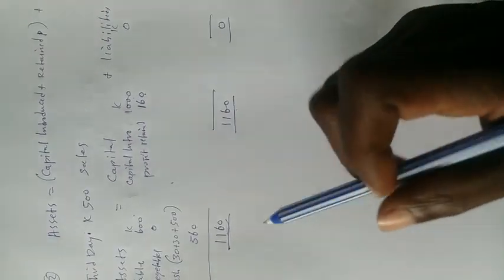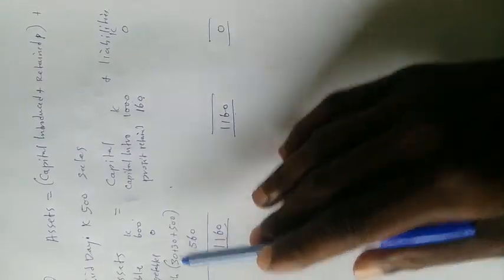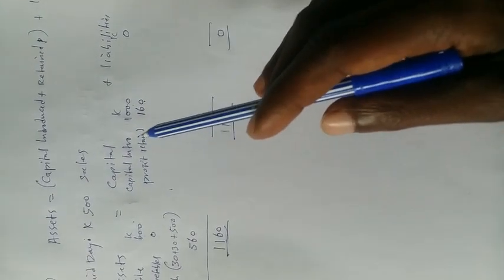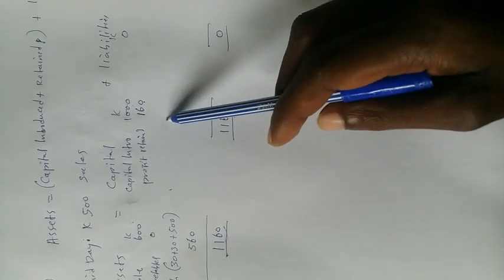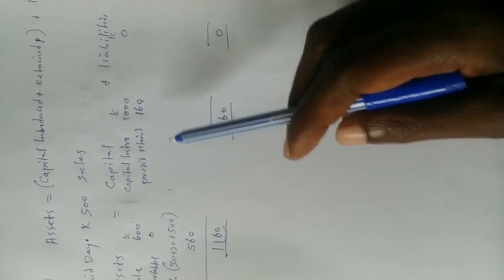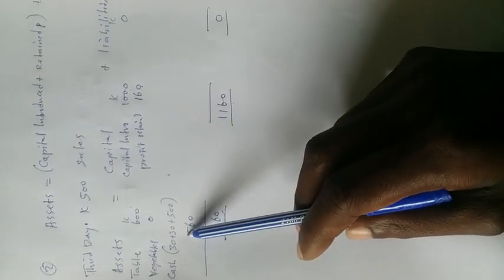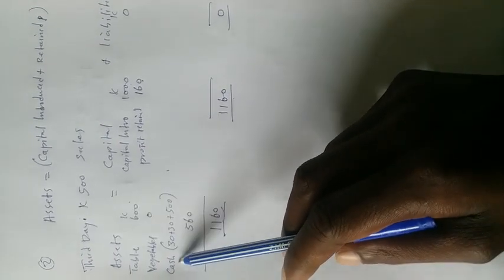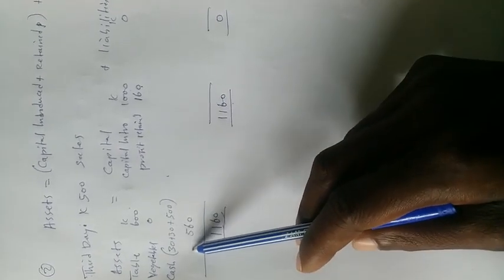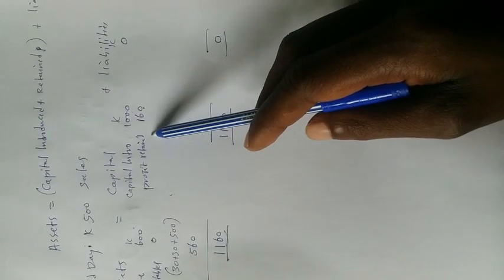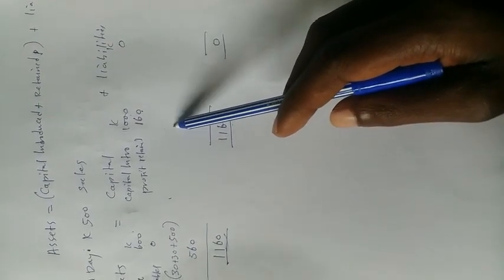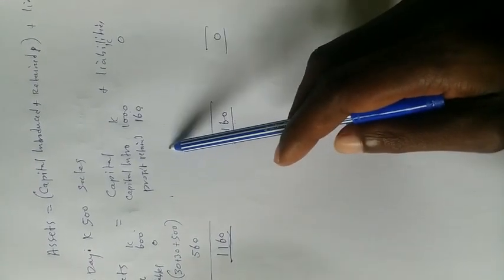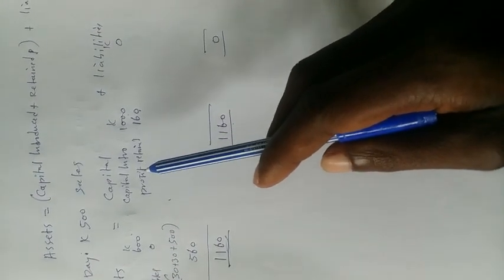It's basically the addition here and here, and the drawings, if there were drawings, you subtract from the capital and you also subtract from the assets. If the drawings were taken from the cash, meaning your cash assets have also reduced, then your capital has also reduced.